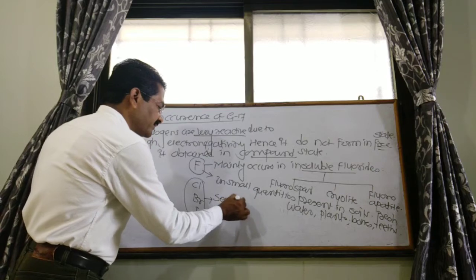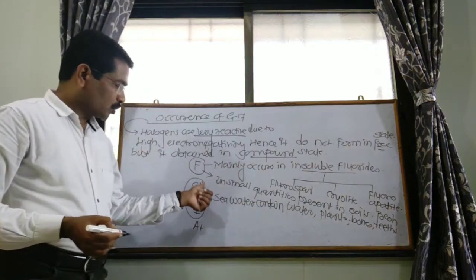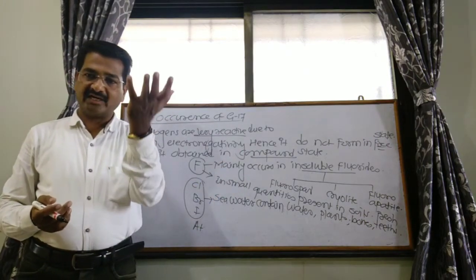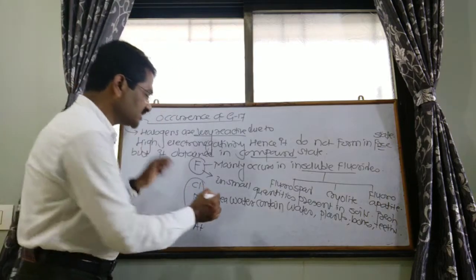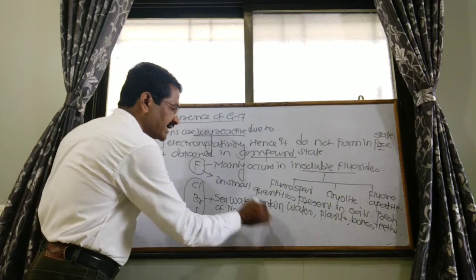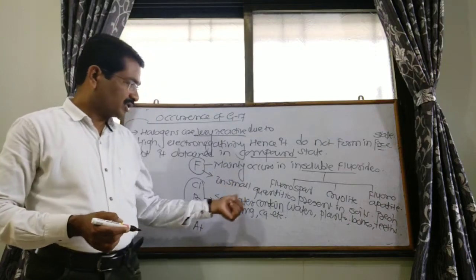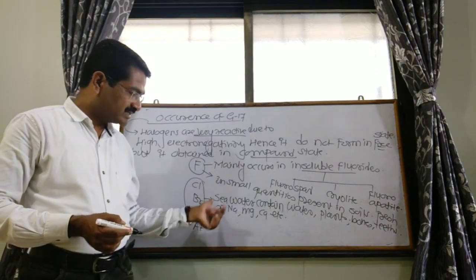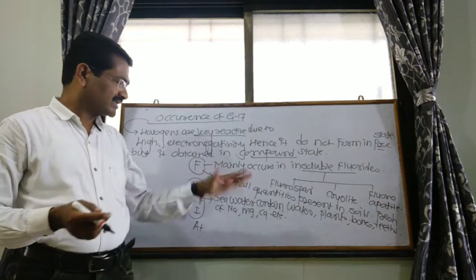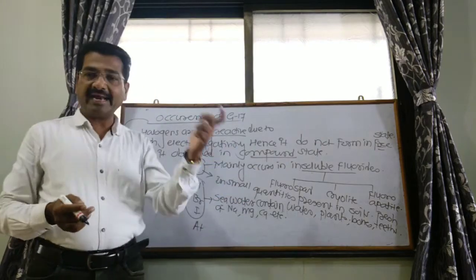Seawater contains chlorides, bromides and iodides of sodium, magnesium, calcium, etc. This indicates that seawater contains chlorides, bromides, iodides in the forms of sodium chloride, magnesium iodide, likewise.